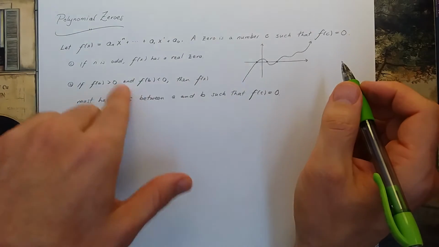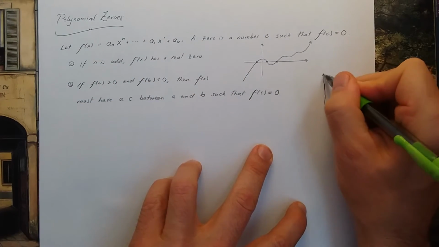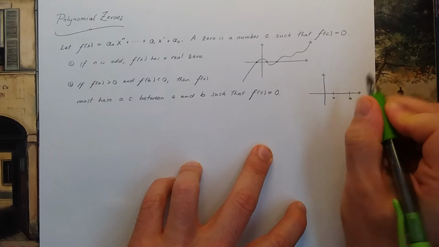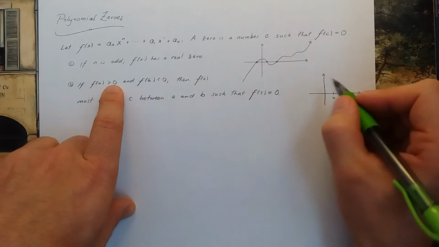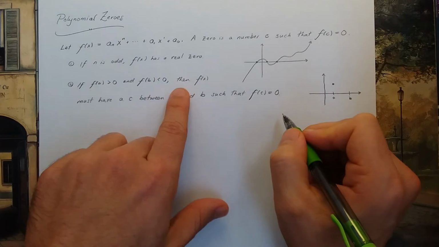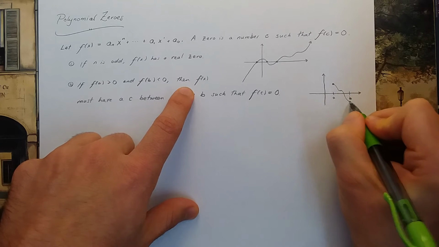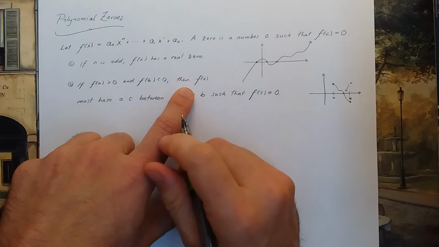This is a refinement of the idea in property 1 because the picture looks like this. Here's the interval from a to b. If you plug in a to the function, you get out a positive. If you plug in b to the function, you get out a negative. So somewhere in the middle, you must cross the x-axis. So there's my c value.